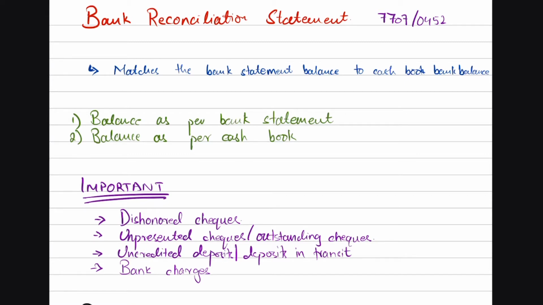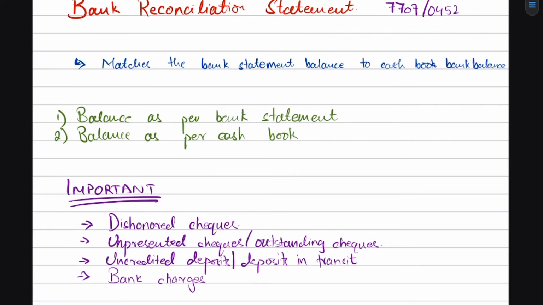Okay. Everything has a cause, so we have to find out the cause of why there are differences between a bank statement and a cash book balance. There are numerous, but the few very well known are obviously the timing differences.